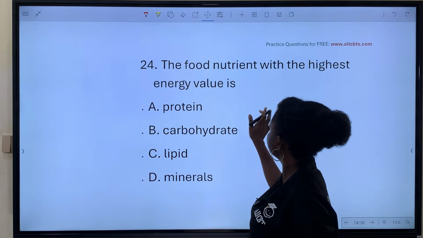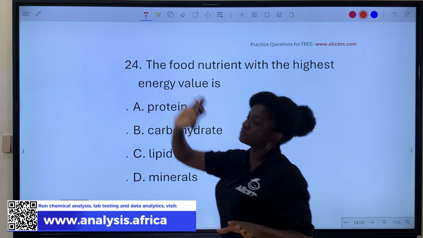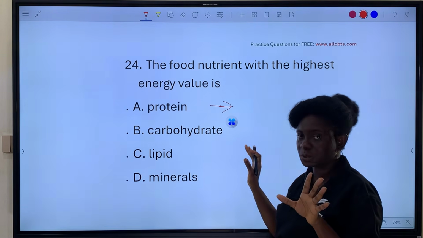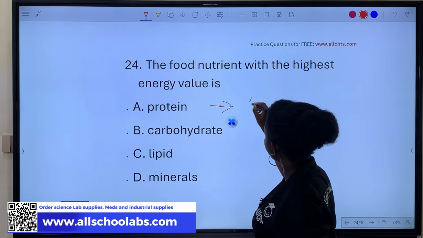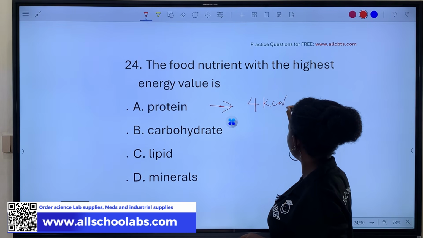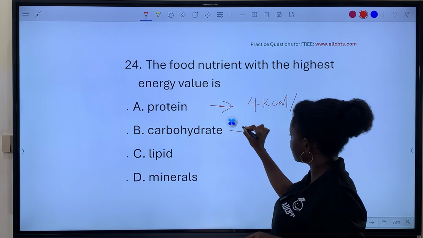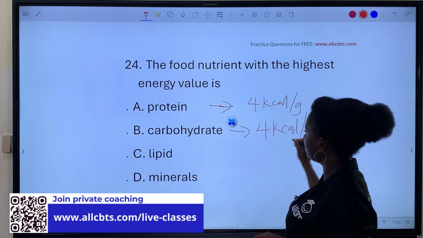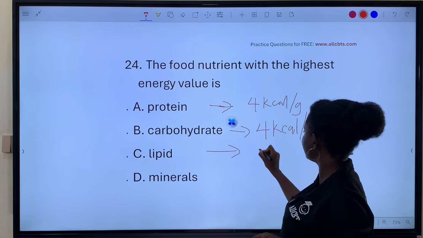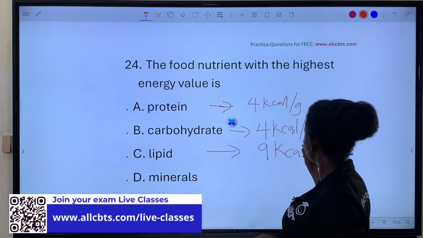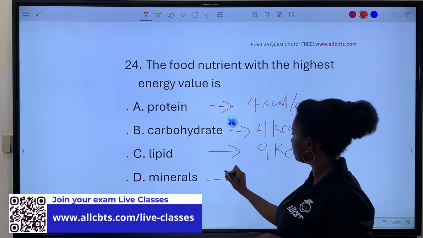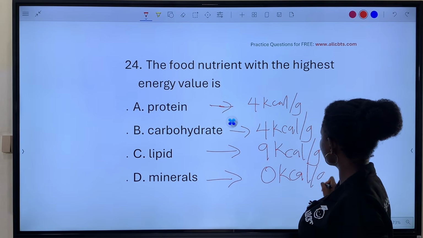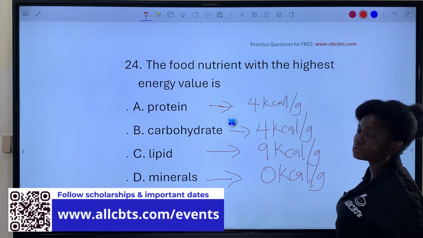For protein, the energy value is 4 kilocalories per gram. The same for carbohydrate, 4 kilocalories. Then for lipid, we have 9 kilocalories per gram. For minerals, they do not contain any calorie, so it's 0 kilocalories.